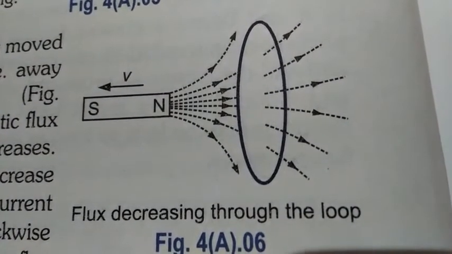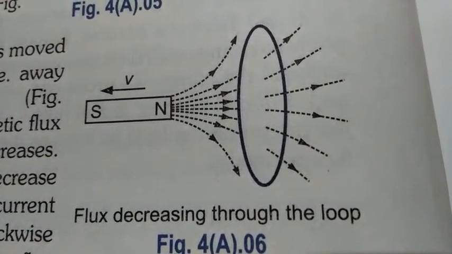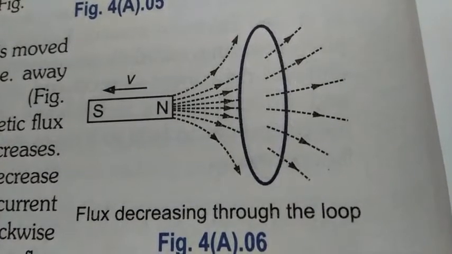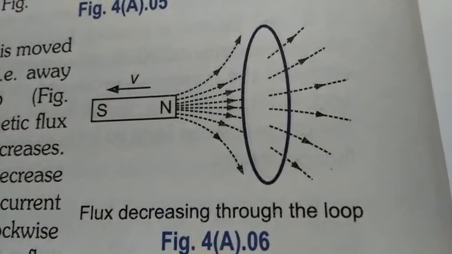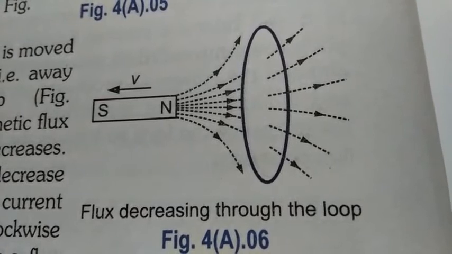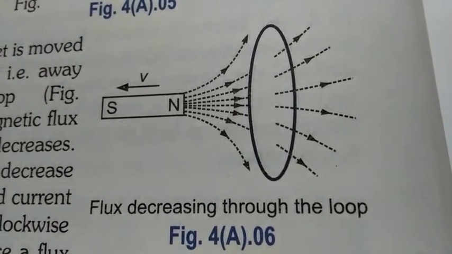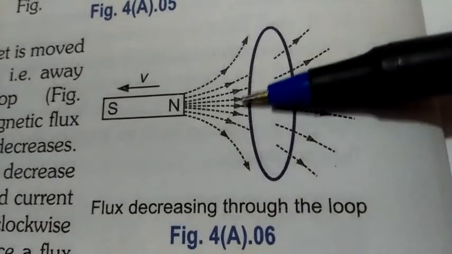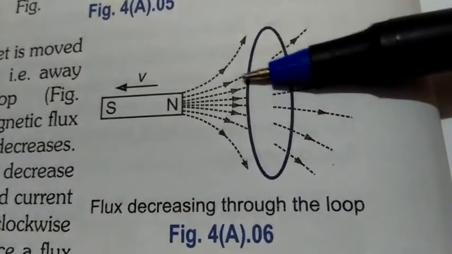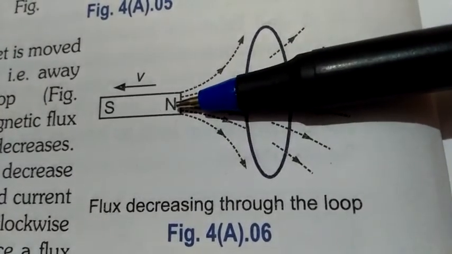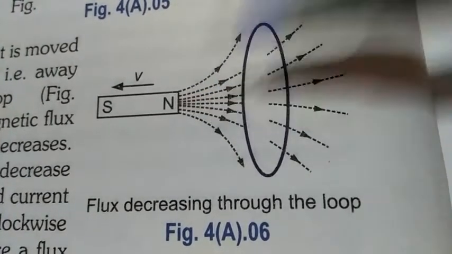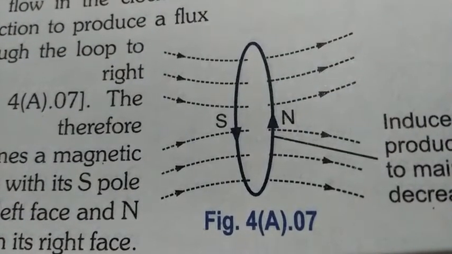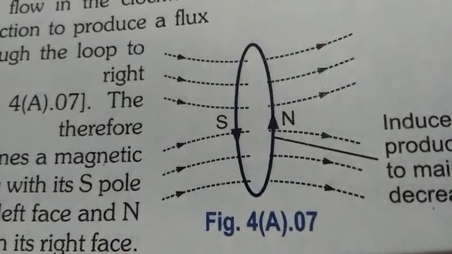Because the bar magnet is moving away this time, the induced current is produced, and because induced current always opposes its cause, it will oppose the motion of the bar magnet away from it and try to attract it. That's why the S side appears here, so that it can attract the N pole and the bar magnet stops moving. These types of poles are created in the loop in the second case.